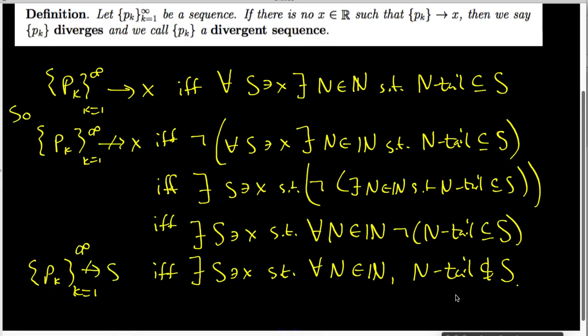Now we actually have to figure out what this means. So let's look at the next page and try to get a handle on what this means geometrically in terms of the topology of the real line.